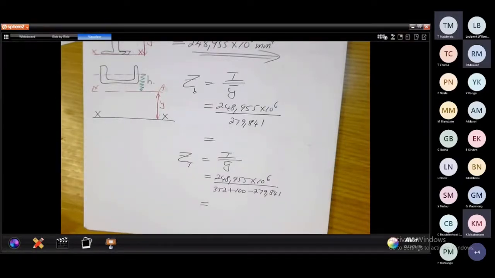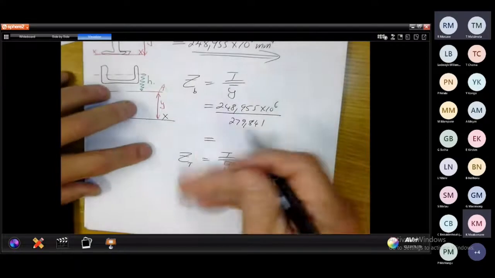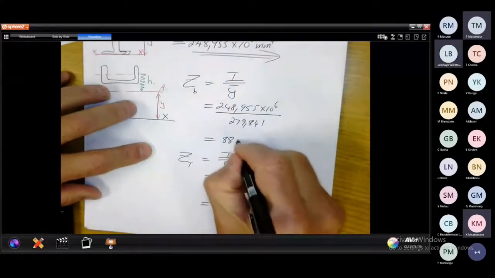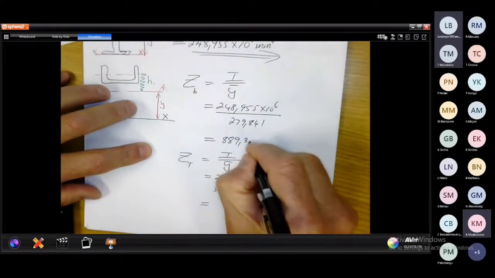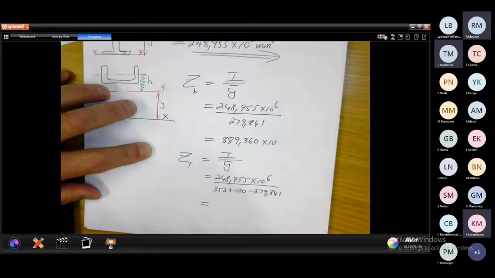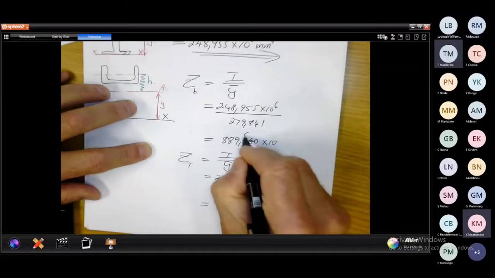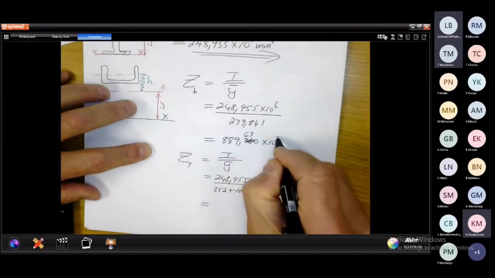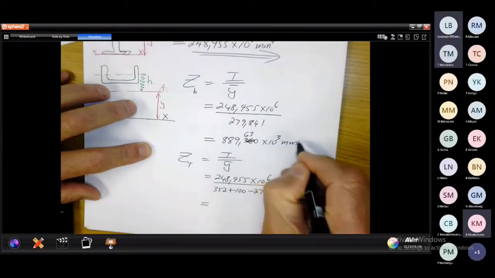So I got 889.360 times 10 to the power 3, millimeter cubed.